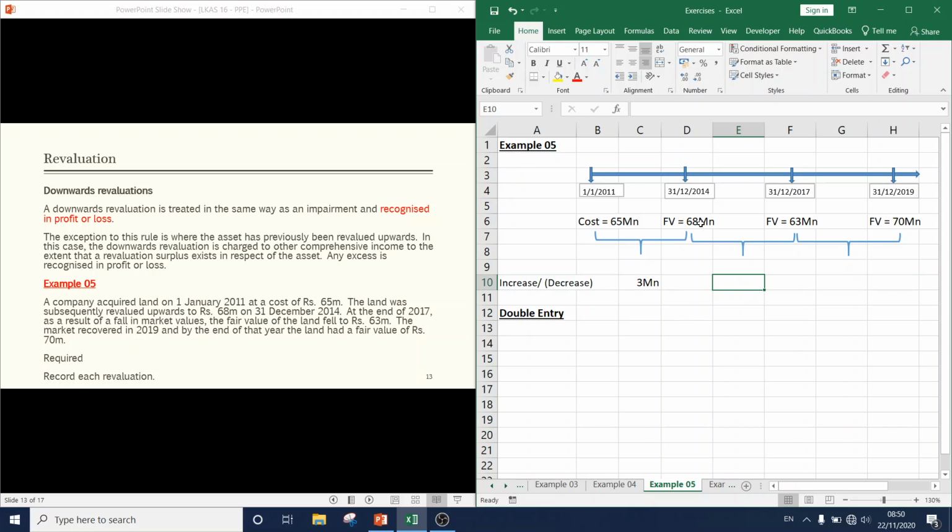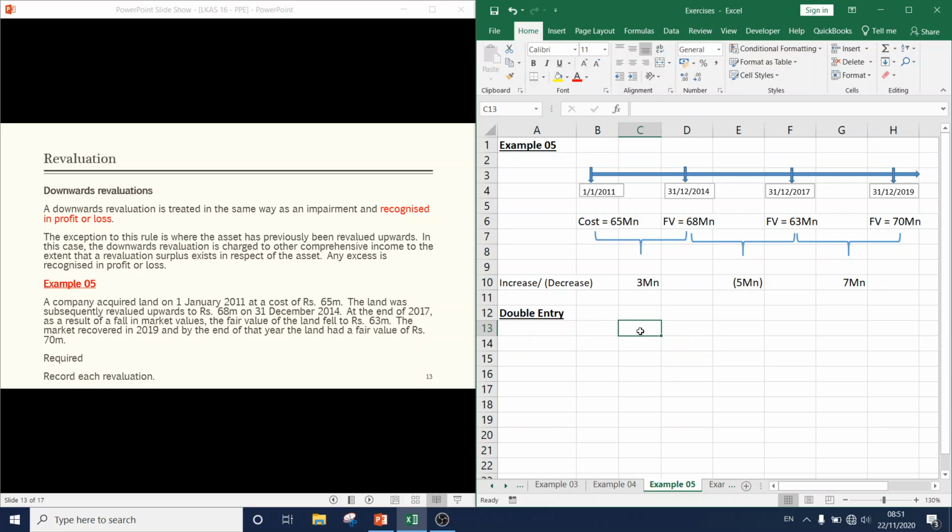Then 68 million went down to 63 million on the revaluation done on this particular date. From 68 million to 63 million, the value has gone down by 5 million. So that is a decrease. And again we have revalued on this date and found the value to be this much. It means from 63 million to 70 million, the value has gone up by 7 million.